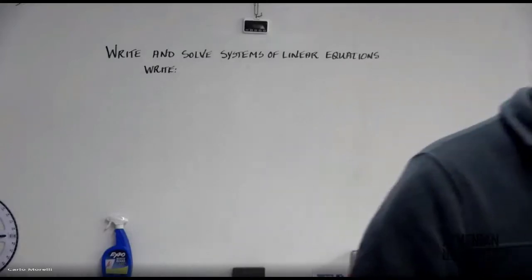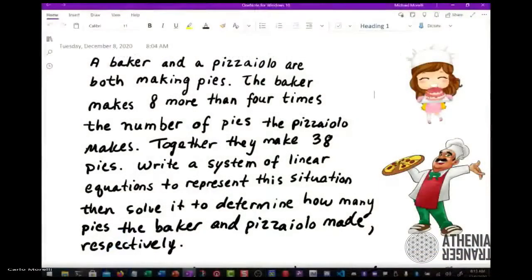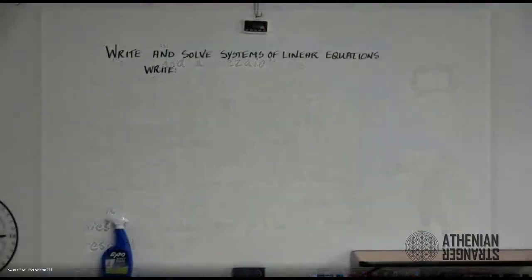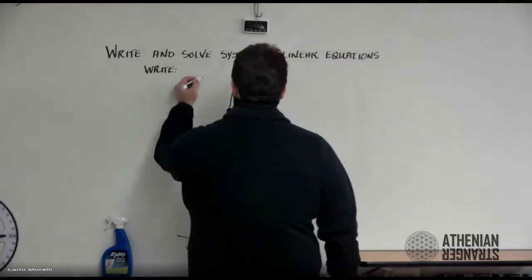Go back to the problem. The baker and the pizzaiolo are both making pies. The baker makes 8 more than 4 times the number of pies the pizzaiolo makes. So what that means is B equals 8 plus 4P.